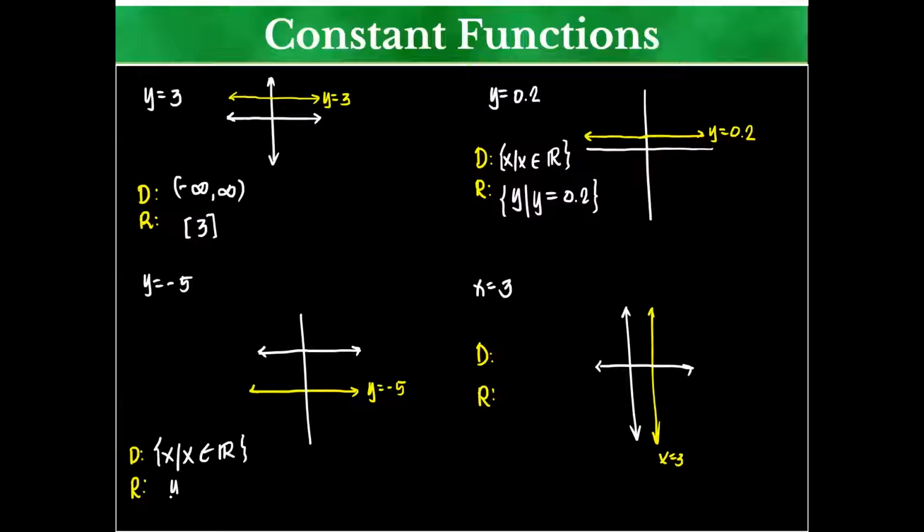And then range is y is -5. So what about this one? Last one, x equals 3. Domain is x equals 3. And then here, all real. So sometimes I write it in words or like this, sometimes in set notation, sometimes in interval notation. So those are for constant functions.